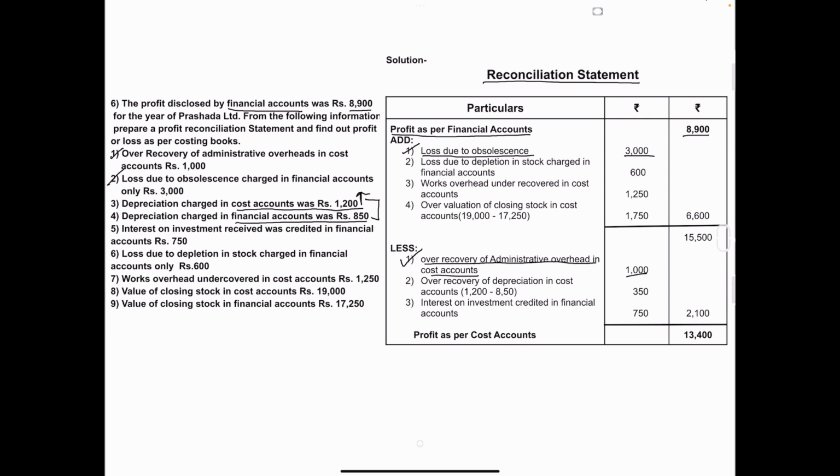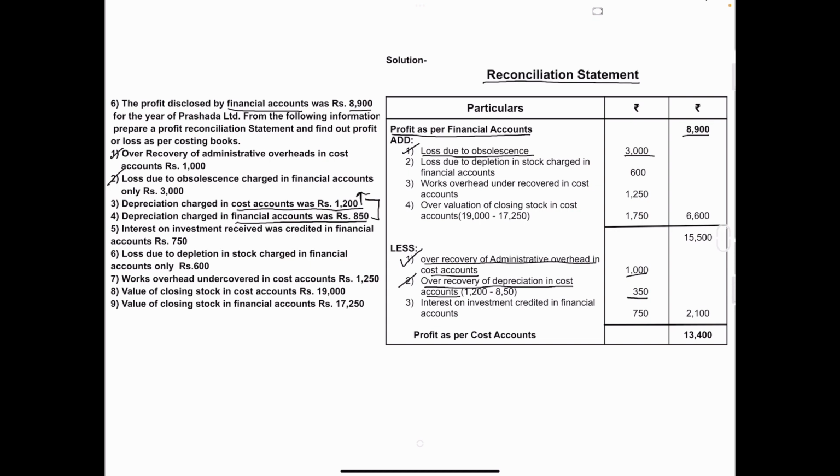Any over recovery or over absorption of any charges in cost accounts is to be deducted. So write number 2, over recovery of depreciation in cost accounts, and in bracket write 1,200 minus 850. The difference amount is 350.